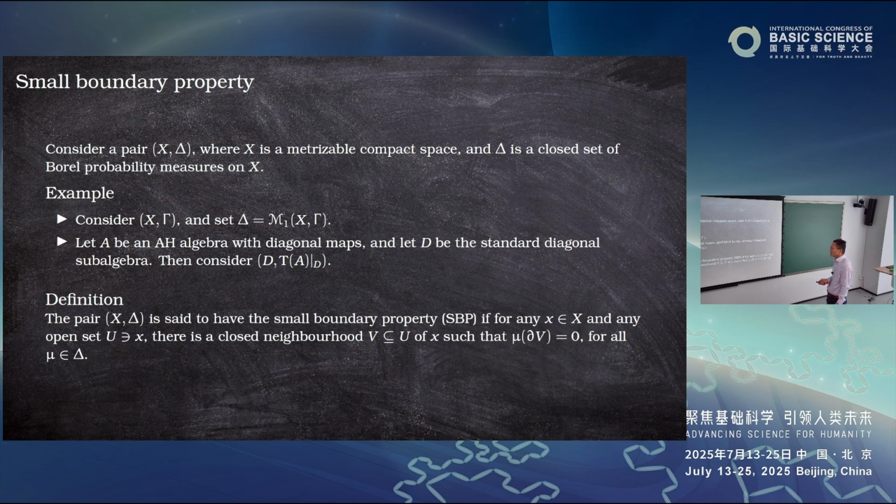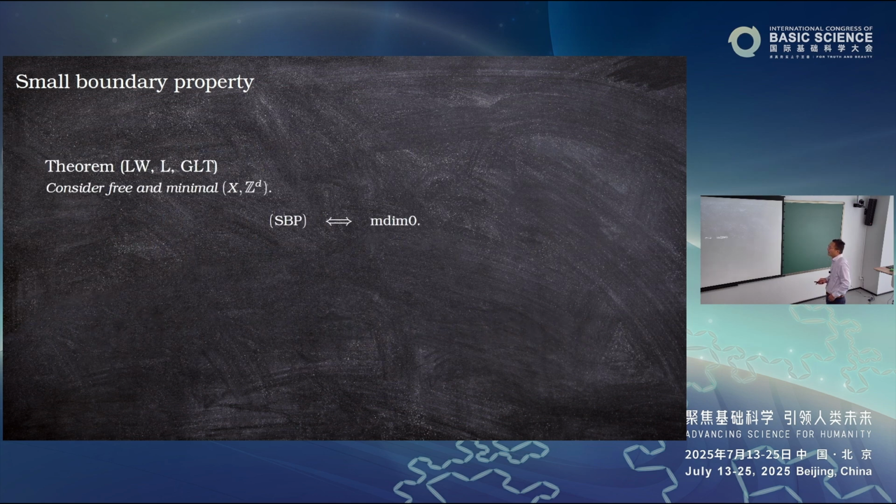So what's the connection with mean dimension and Z absorbing? First, the small boundary property corresponds to 0 mean dimension. The small boundary property implies mean dimension 0, and that is true for all amenable group actions.